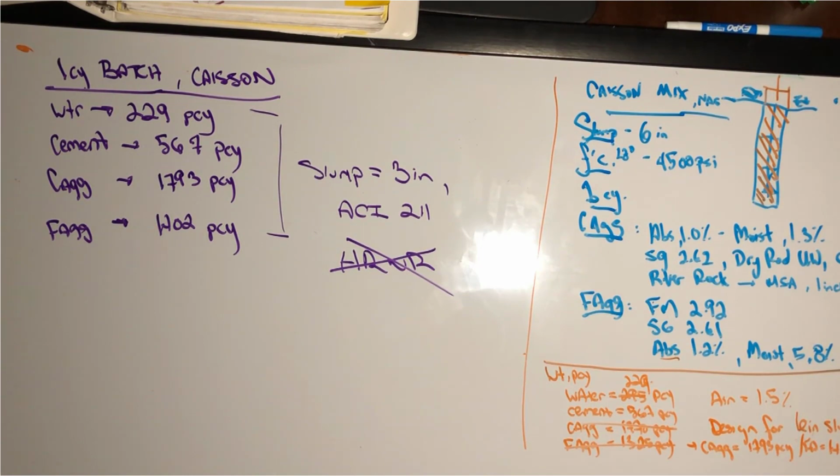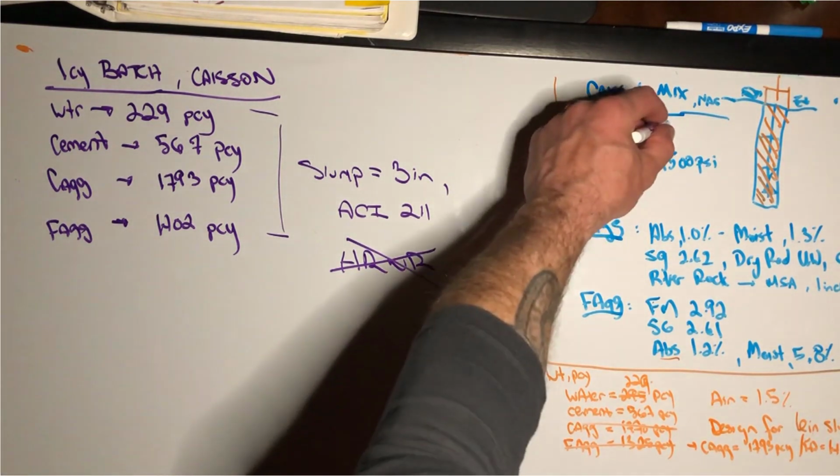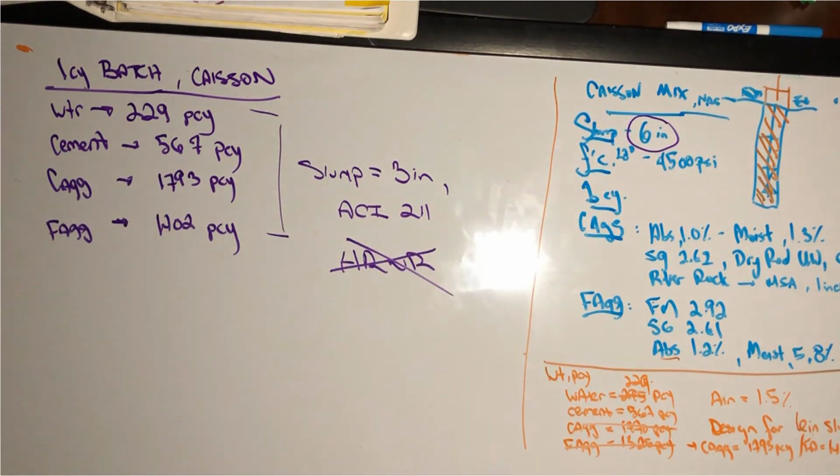The reason why I want to use one here is because we want to design for a much higher slump. We're going from a 3 to a 6, and we can use a mid-range or a normal water reducer, but to get us up to a 6-inch slump, we might have to use a much higher dosage. And in that, we can cause some effects that we just don't want to have with our concrete mix design, especially if we want to get on top of those caissons in a few days.